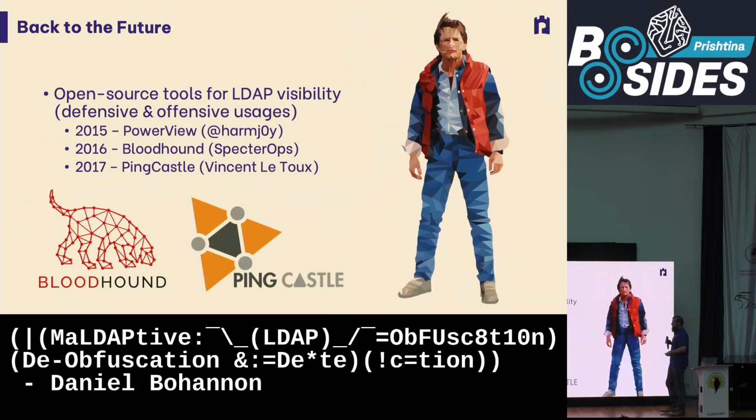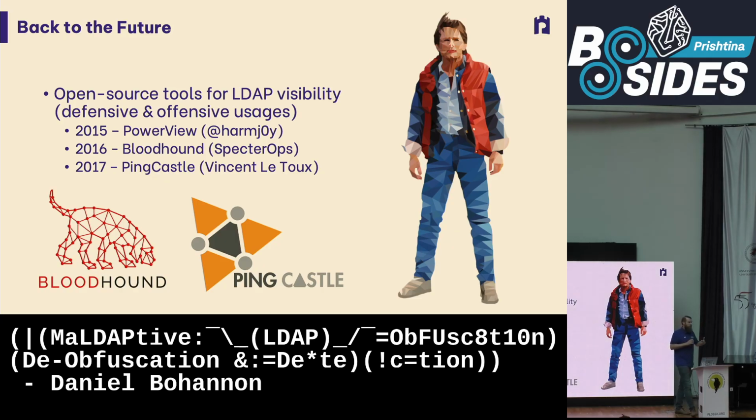There have been a lot of really cool open source tools that really focus on using LDAP as the mechanism for transmission of information. So Evan mentioned in the keynote BloodHound, which uses LDAP to retrieve the information from the Active Directory and then put it into a nice graph database to find attack paths. PowerView is another one. PingCastle. There are some really good ones out there.